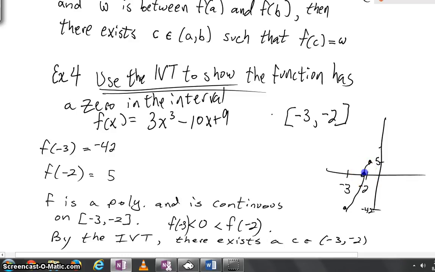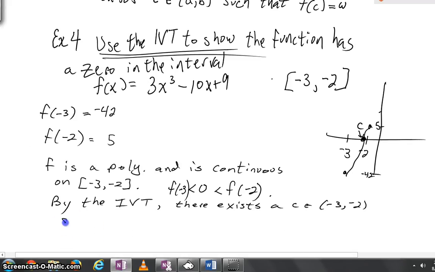I don't know what that c value is. I'm going to write it in right here on my picture. You see that? That x-intercept I'm calling my c value right here. There has to be some x value such that f of c equals 0.